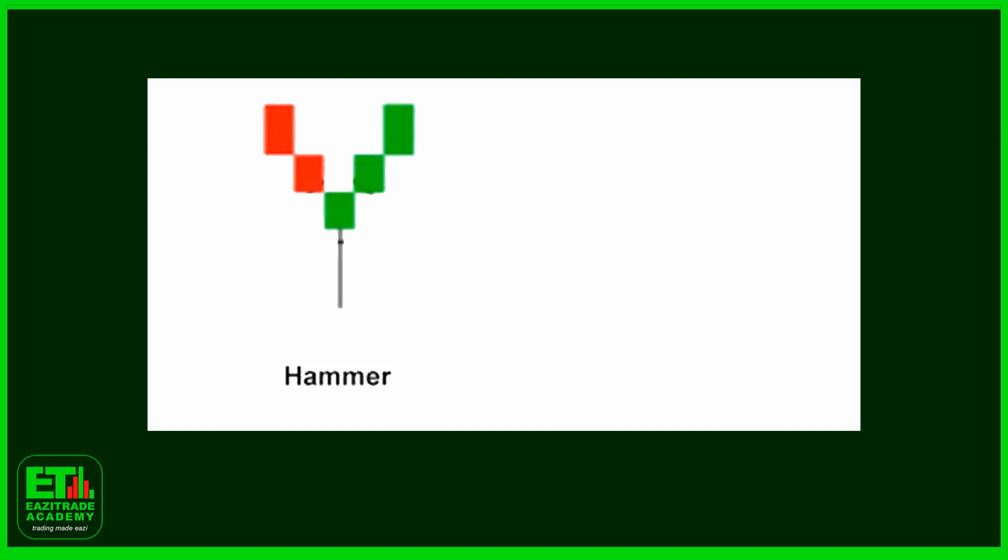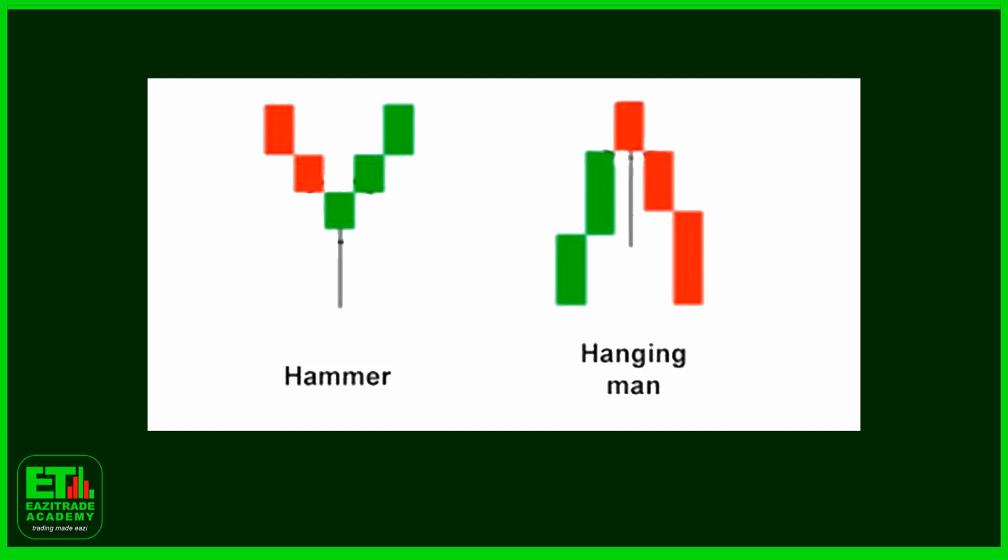The next on our list is the hanging man. Look at the hanging man. It's like a hammer that is up. Remember the first one we talked about is the hammer at the support zone. When you see this hammer at the support zone, it is a signal that the market is about to change trend.